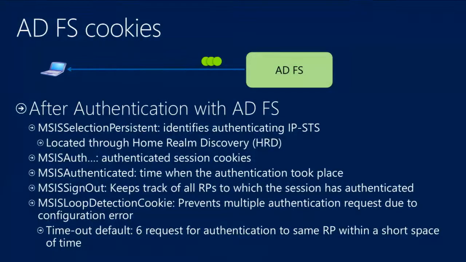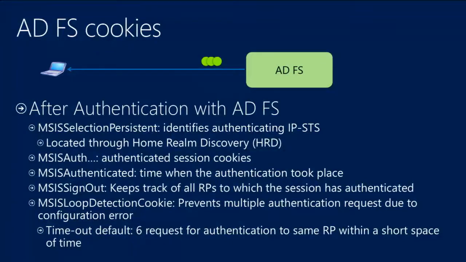All right? And that's a persistent cookie. That's why, when we went back the first time, we didn't see the home realm discovery. It had disappeared. The MSISAuthenticated is basically saying you are authenticated to the ADFS server. Use this cookie to come back to me to allow me to generate a new token without asking you to authenticate again.